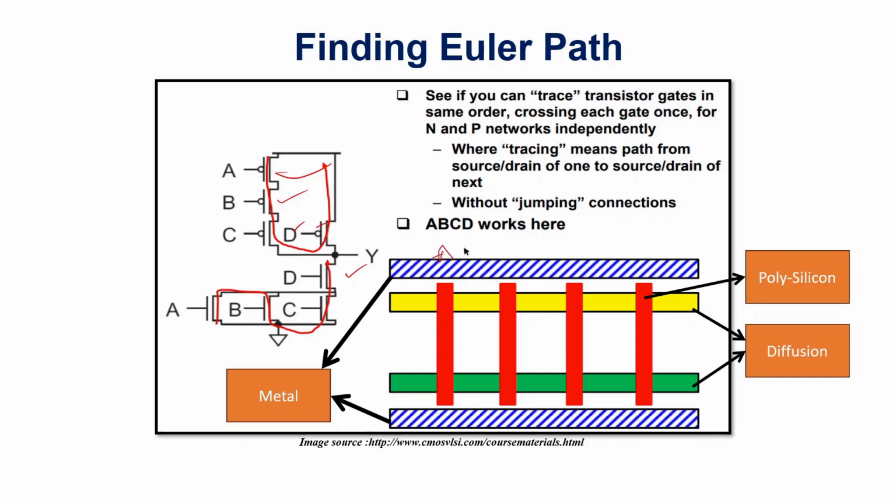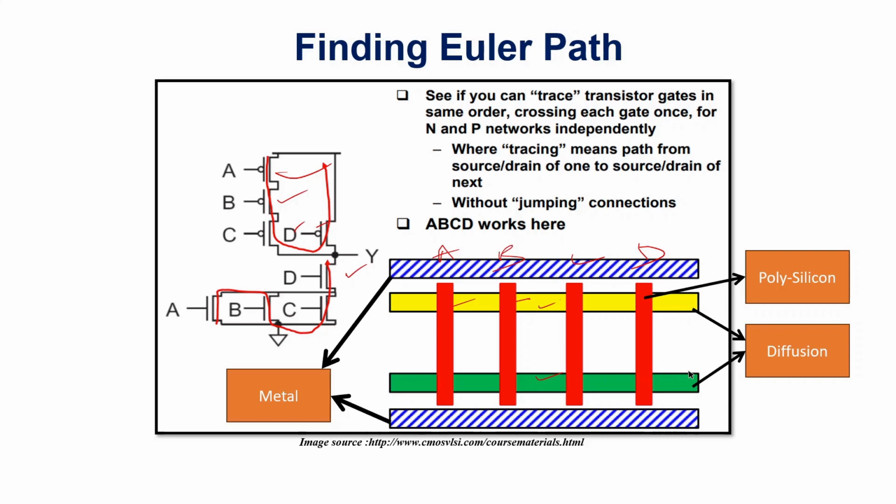So it will be A here, B here, C and D. This is polysilicon, the gate. So we are using the order A, B, C, D as my orientation or path according to our Euler path solution. This yellow one is the diffusion for PMOS. This green one is the diffusion for NMOS.